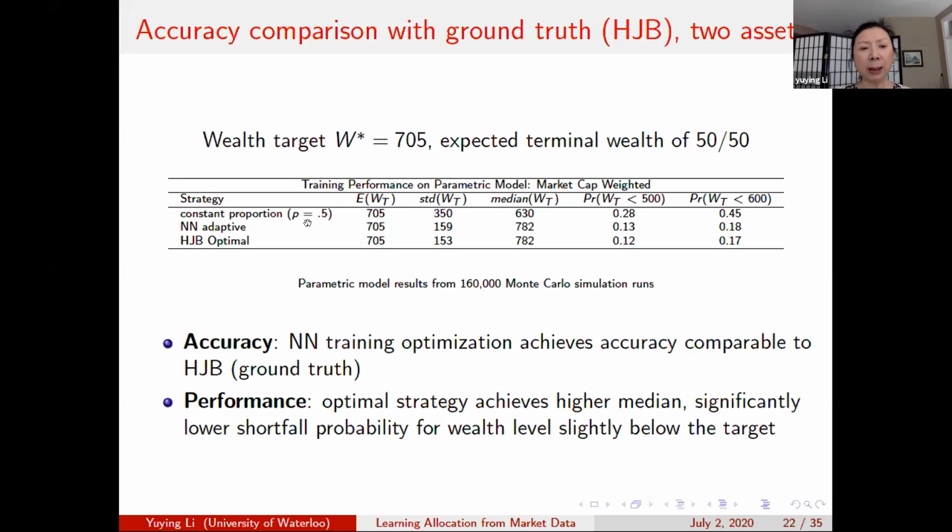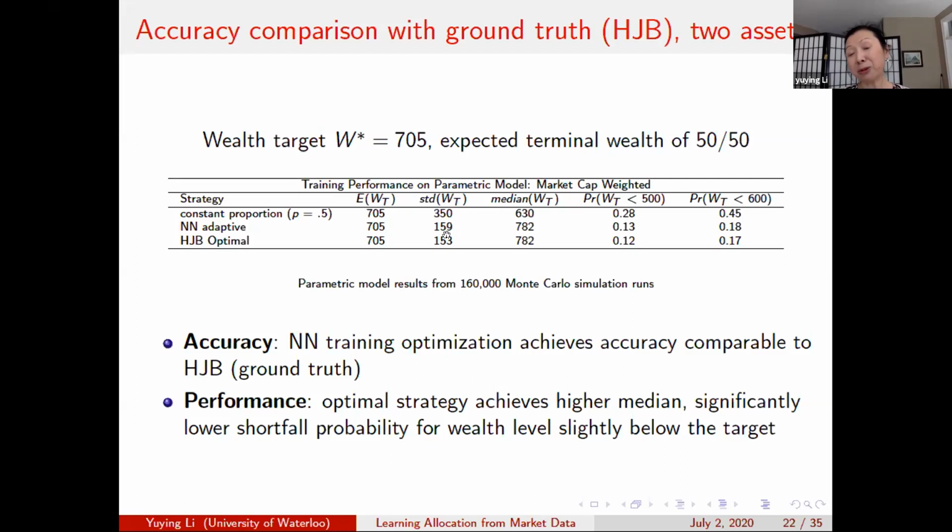Now let me compare the neural network strategy and the ground truth in terms of standard deviation. They are very close, the median of the terminal wealth is very close, and the probability of falling short at a few wealth levels, 500, 600, are very close. It's sufficiently close to the exact solution.